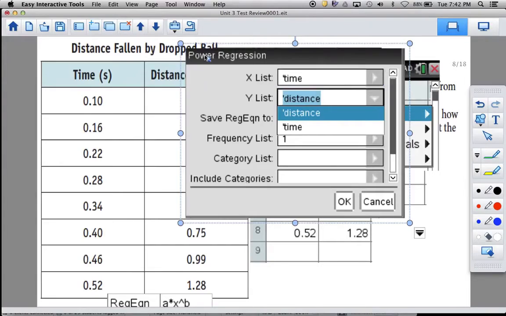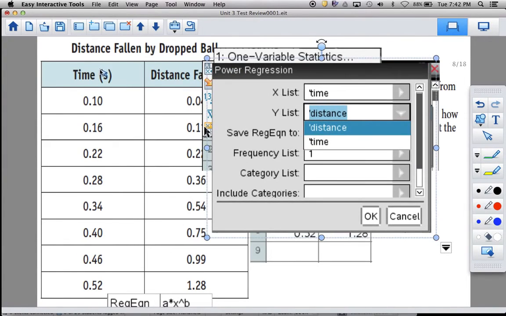In this case, we have the time it takes for a ball to hit the ground, or the distance the ball is falling, and how long it is. So your x is your time value, your y is your distance, and just use your little drop-down menus here. Then push OK.